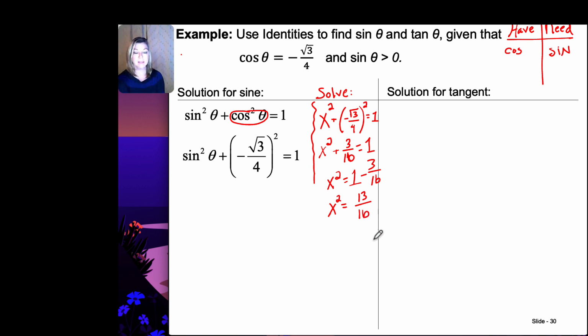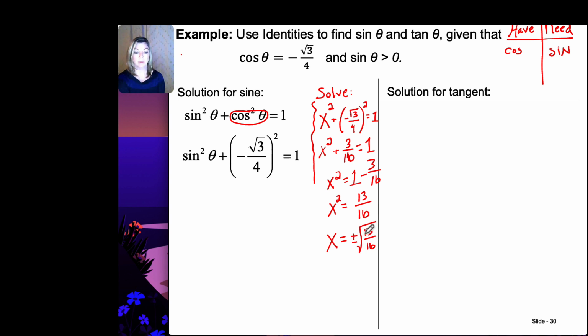And then our last move would be to get rid of the squared by square rooting both sides of the equal sign. Square rooting both sides would isolate our x for us, as well as we're introducing the square root here, so we need to address the positive and the negative roots of radical 13 over 16. Sine can be positive or negative, so we would need to address both of these roots.